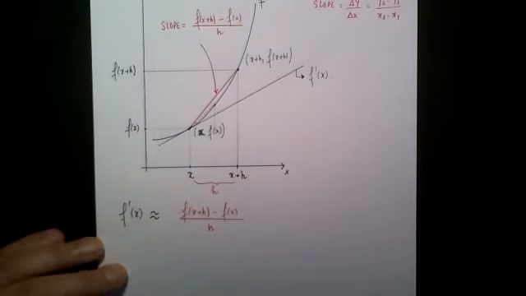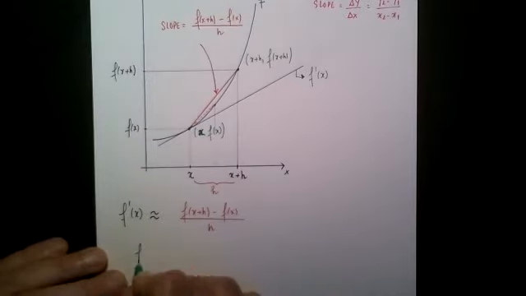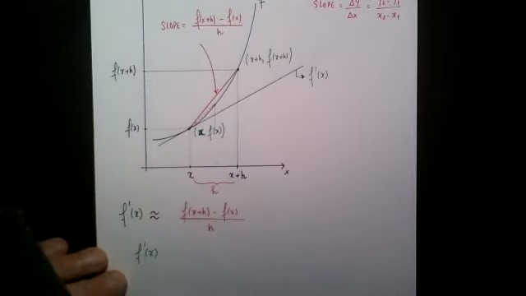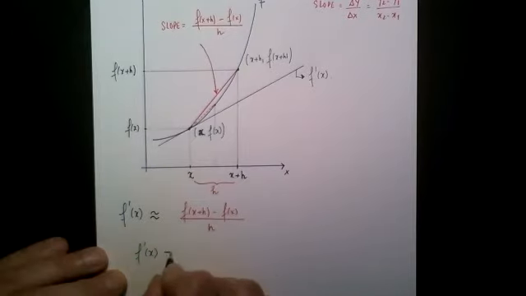So what should I do to make it exactly the same? I want it to be equal. I don't want any approximations anymore. You can make the limit as h approaches 0 of that.